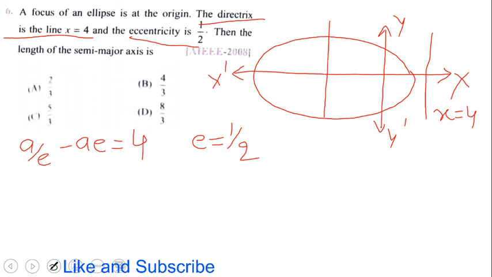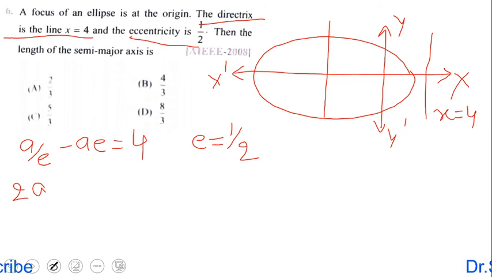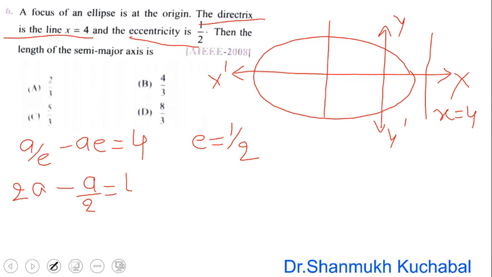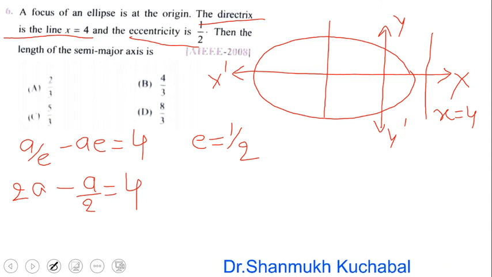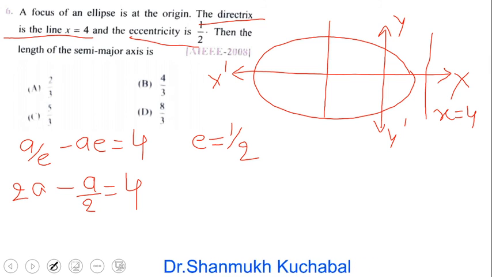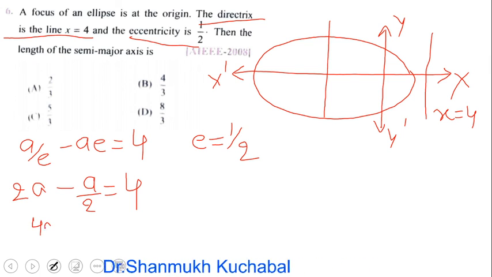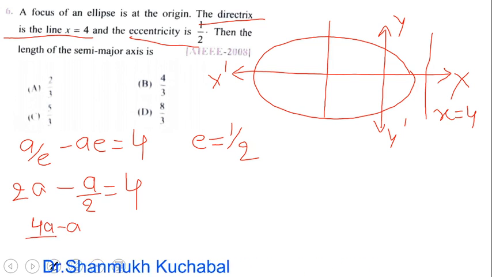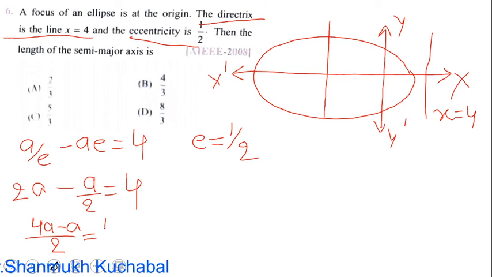So we get a divided by e. So 1 by 2 we transpose to the numerator, it becomes 2a, minus ae, which is a by 2, equal to 4. Further, take the LCM, so it is 4a minus a divided by 2 equal to 4.